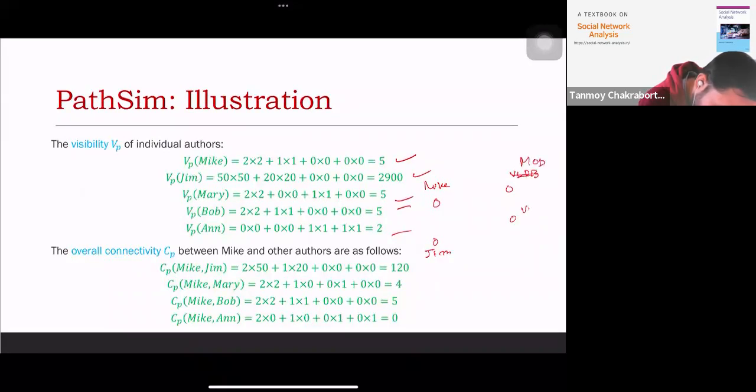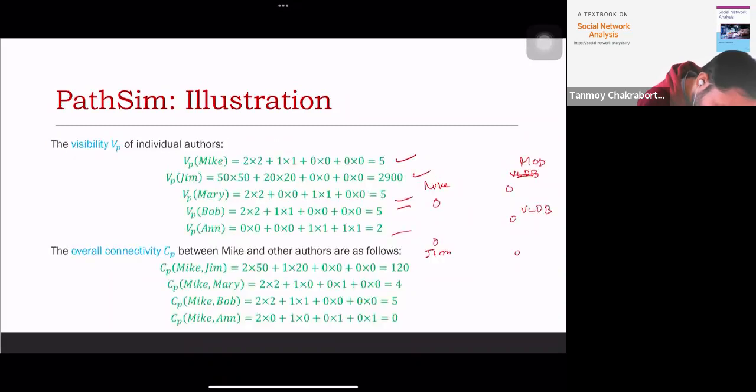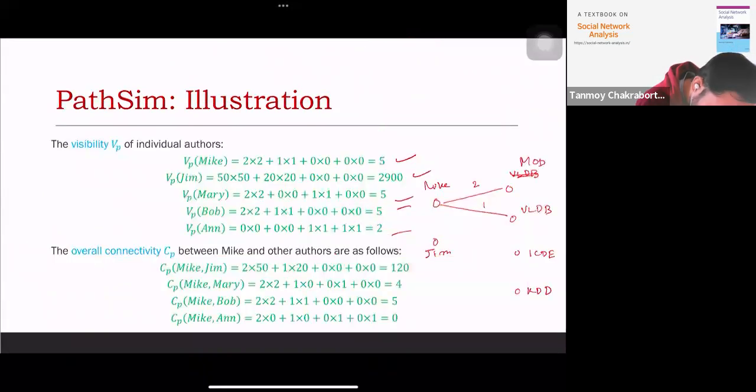This is VLDB. You have ICD, KDD. So Mike has published 2 papers in mod, 1 paper in VLDB. Jim has published 50 papers in mod, 20 papers in VLDB, right?